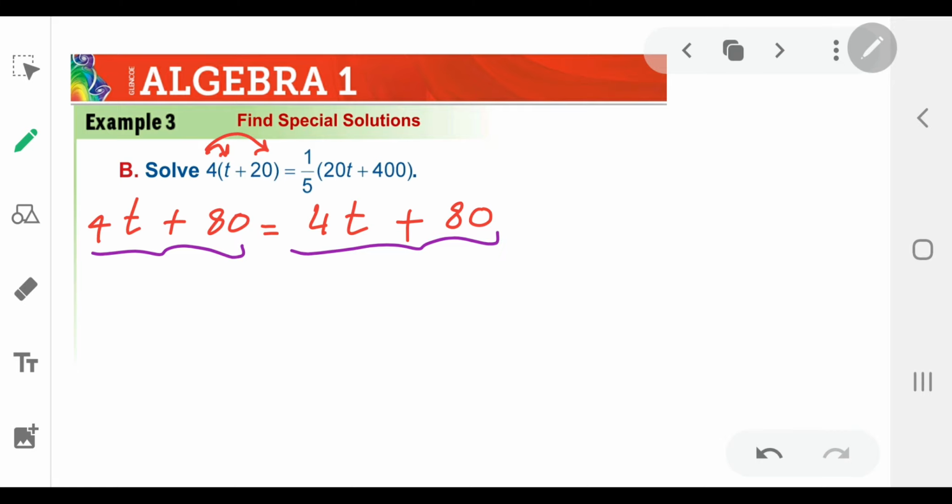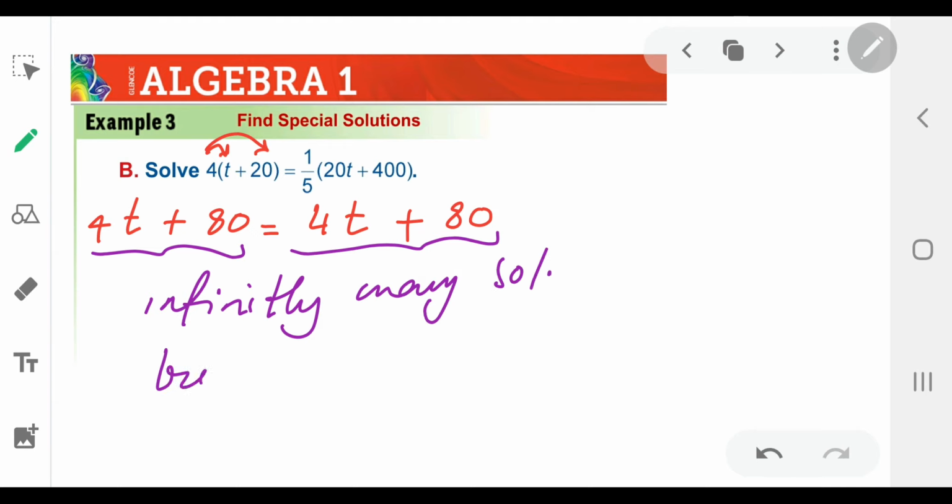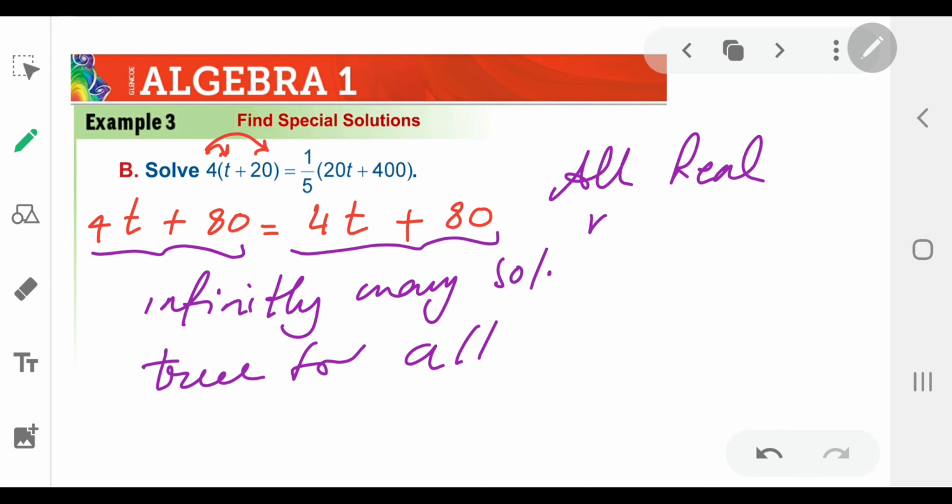As we introduced earlier, when both sides are exactly identical, when the right hand side is exactly equal to the left hand side, you say this equation has infinitely many solutions. It means it is true for all the values. You can say all real numbers are solutions. What does it mean?